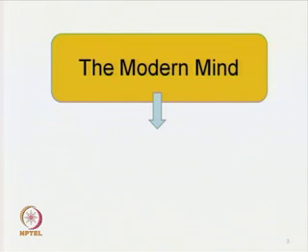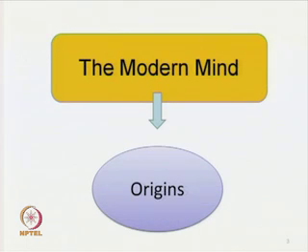In the last lecture, which was devoted to the origins of the modern mind, we took the help of a work by Merlin Donald to understand the origins of the modern mind, that mind that created culture.